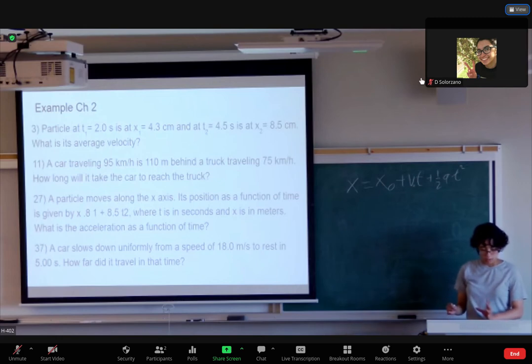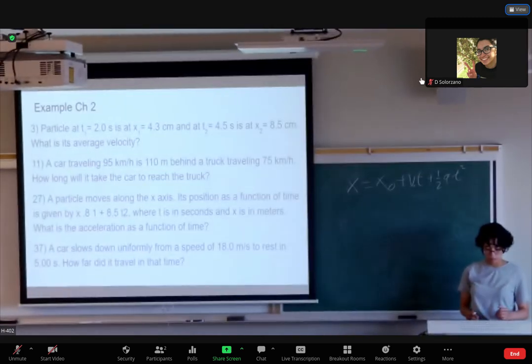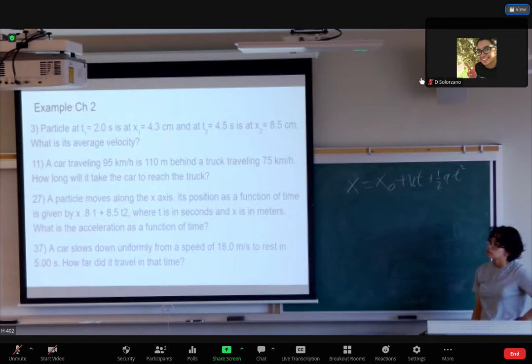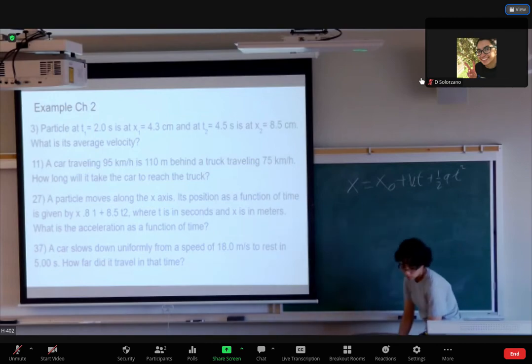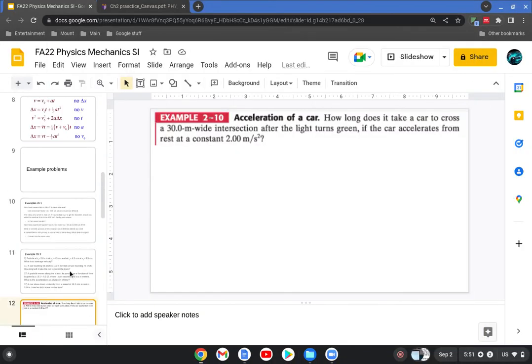Oh my gosh, I'm not explaining this very well. No, there has to be acceleration. Yeah, there has to be acceleration. We're going to use a different equation.